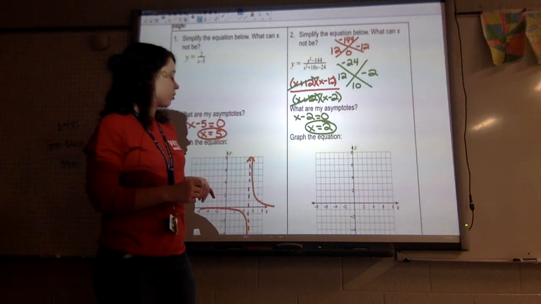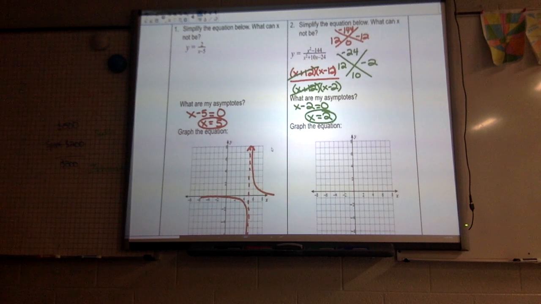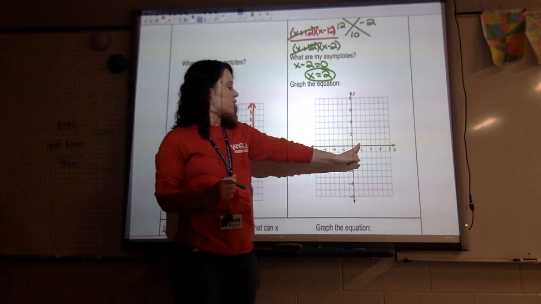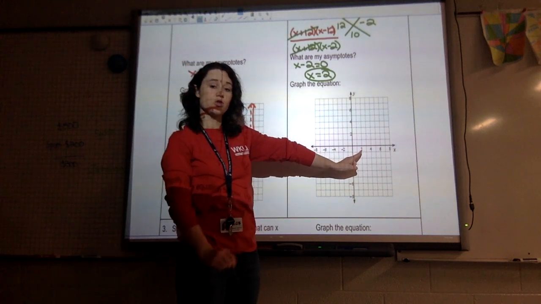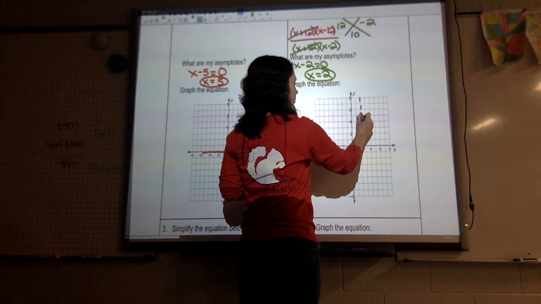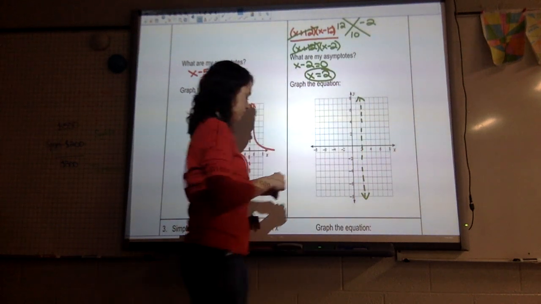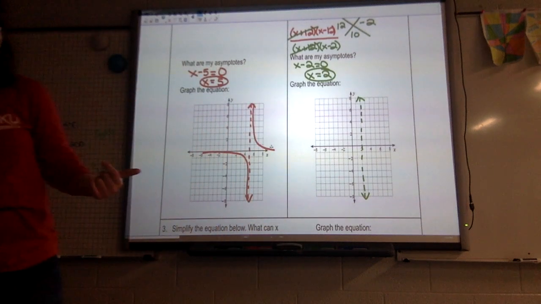So now I'm ready to go and graph my rational function. And the first thing that I graph is my asymptote. So I go find where x equals 2, right here, and I draw a line straight up and down through it. Everything else my calculator will do for me.